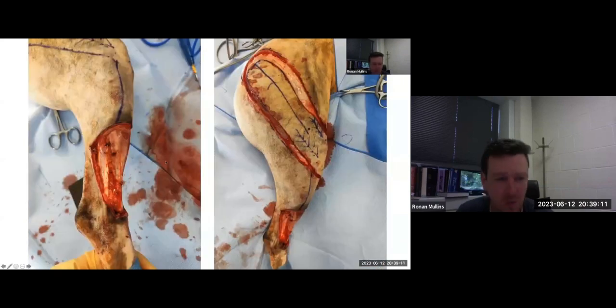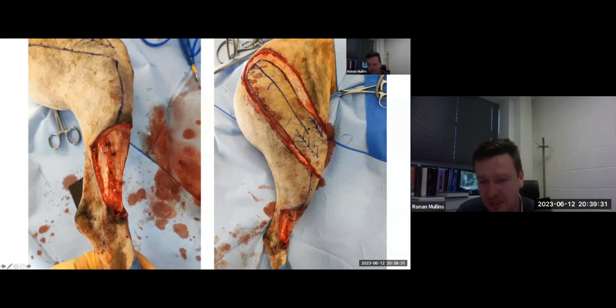So in this case, just to walk through the actual development of the flap. Again, as we said, 1 centimeter proximal to the patella, 1.5 centimeters distal to the insertion of the patellar ligament at the tibial tuberosity, and then following all the way up to the base of the greater trochanter.